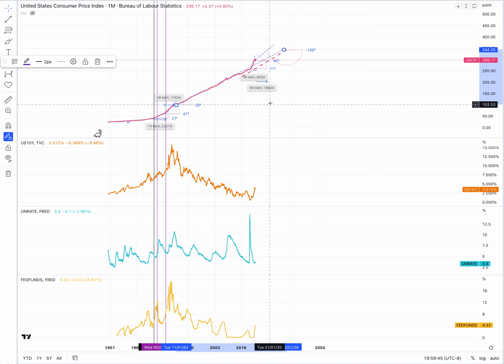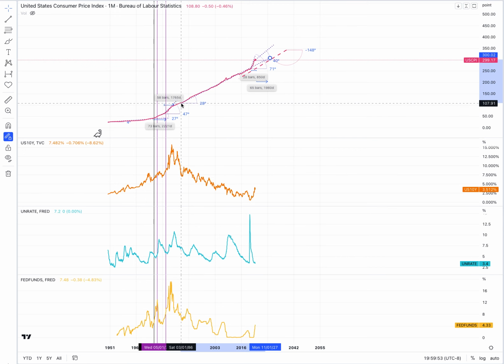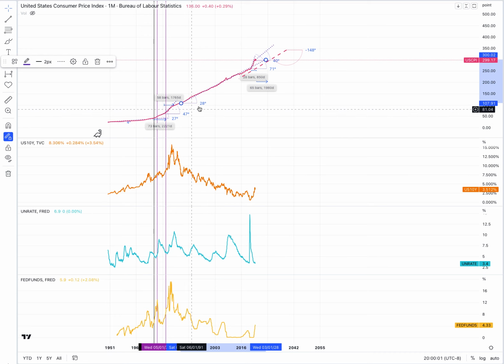So the angle would change a little bit, but here we go. All right, so let's call it 28 degrees.